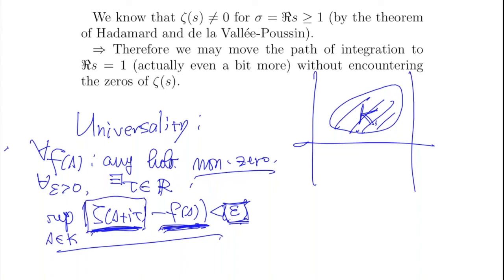That means it is very difficult to find a nice function which can approximate the Riemann zeta function suitably. So this is the so-called universality property. And in my opinion, this is one of the reasons why the Riemann hypothesis is so difficult, because the behavior of the Riemann zeta function is so random and complicated.